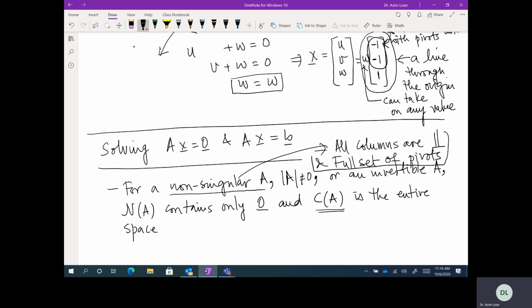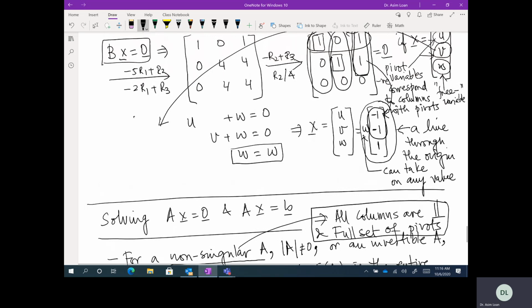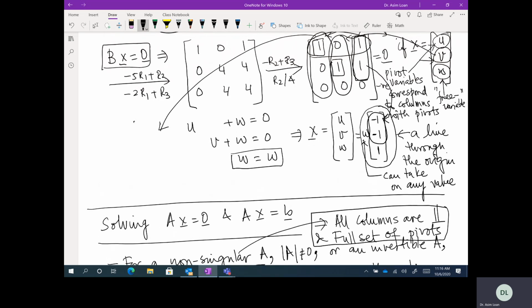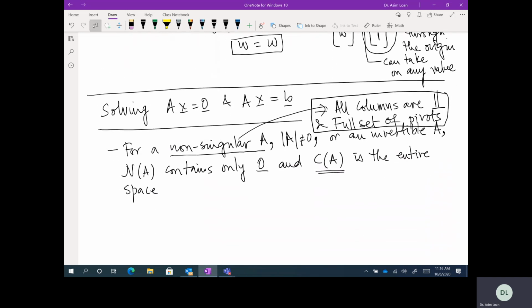There are many other things that you can define for a non-singular matrix. Since all columns are independent, all columns will have pivots, and since you have a full set of pivots, there is no free variable. A free variable corresponds to a non-pivot column. Since there are no free variables, the only solution is x equal to 0, so the null space contains only the origin, and the column space is the entire space.